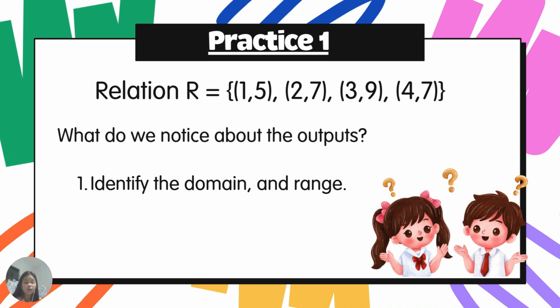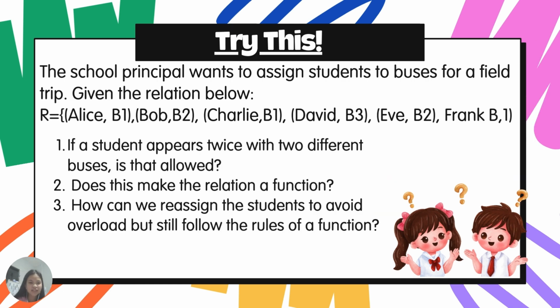Now, if you're done answering, it is time to apply your skills to a real life scenario. Let's see how the concepts work in problem solving. So try this. The school principal wants to assign students to buses for a field trip. So given the relation below, relation equals Alice bus 1, Bob bus 2, Charlie bus 1, David bus 3, Eve bus 2, and Frank bus 1.